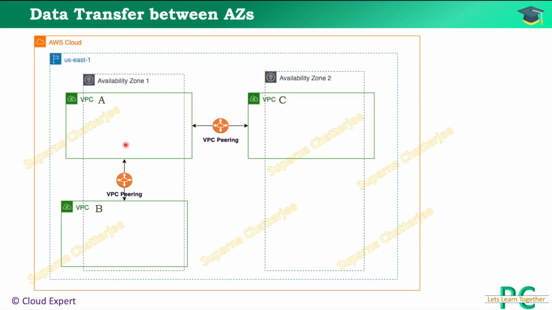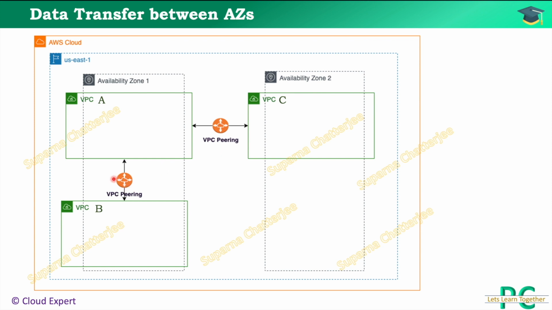Now let's try to understand a different use case, the data transfer between VPCs. Let's say we have three VPCs, VPC-A, VPC-B and VPC-C. Now VPC-A and VPC-B are both in availability zone 1, but VPC-C is in availability zone 2.